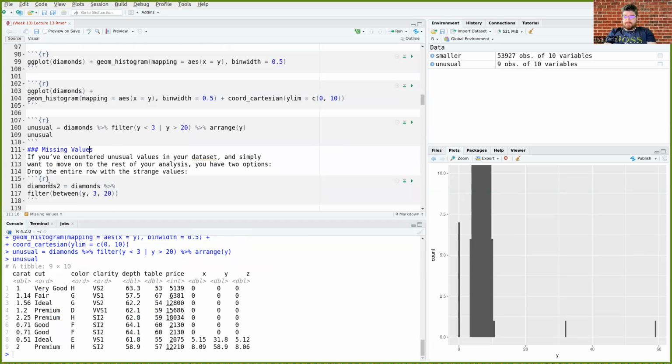Missing values. For unusual, we just need to remove all these 9 values because we have 58,000 observations, and these 9 values are negligible in comparison. But if we have only 100 observations, 9 values is 9%, and generally it's not a good idea to just remove them.